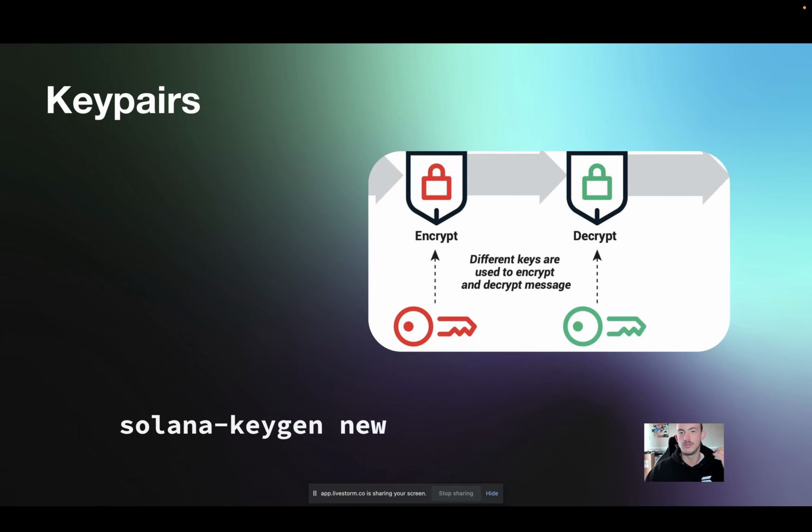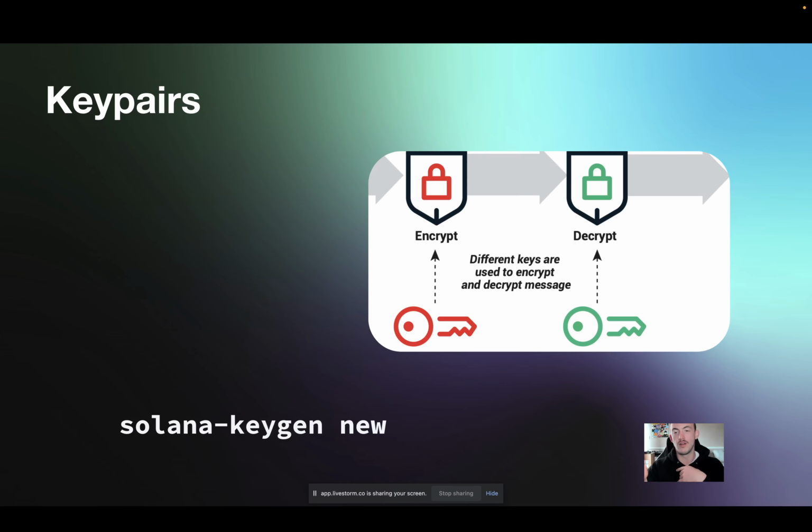For those of you who aren't super familiar with crypto, Solana utilizes key pairs like other blockchains do. And this is basically how your wallet works, right? You've got two keys, a public key and a private key. The private key is designed to sign transactions or messages. The public key is the key that you can share publicly, which is why it's called the public key, and it can be used to decrypt what your private key has encrypted.